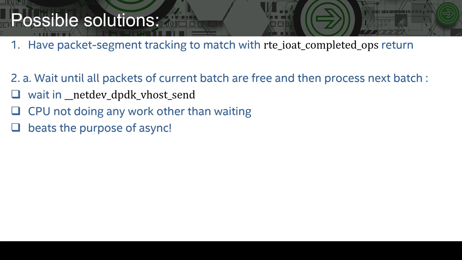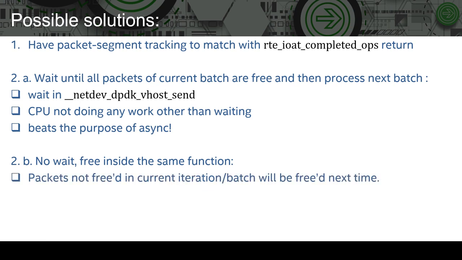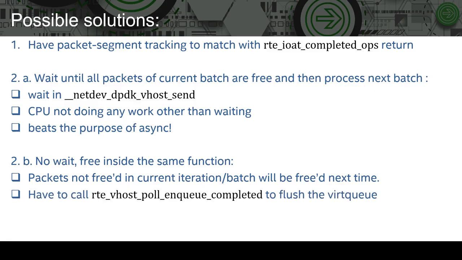So let's try another approach then. Now, we don't wait, but we just free the packets inside the same function after sending, that is, enqueue. The underlying assumption is that packets not freed in the current iteration will be freed in the next one. So what's the problem here then? We must call the poll enqueue completed function regularly in order to flush the vring queue and the DMA ring.